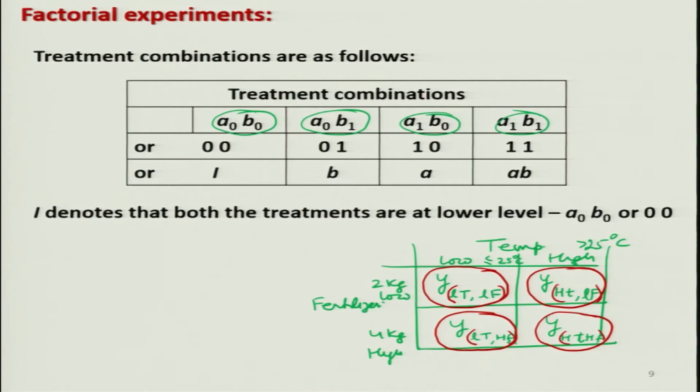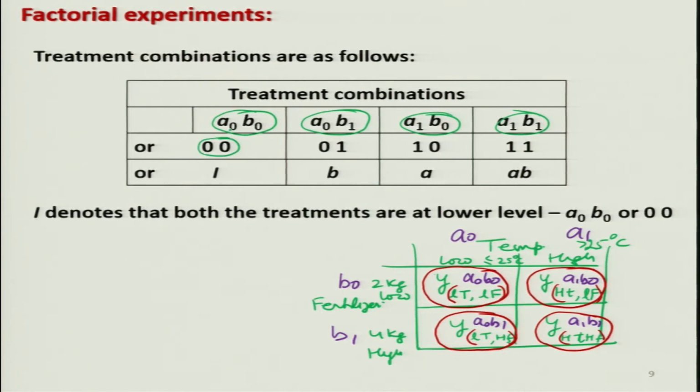You can see that this is here A0, this is here A1, this is over here B0, and this is here B1, right. So, you have here A0, B0, A1, B0, A0, B1, and then A1, B1, right.